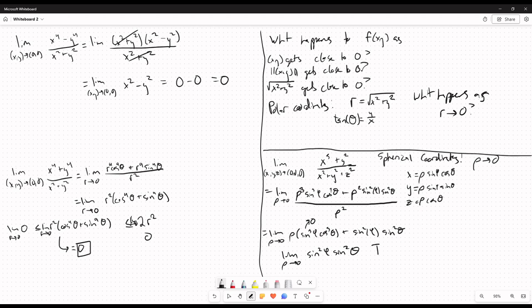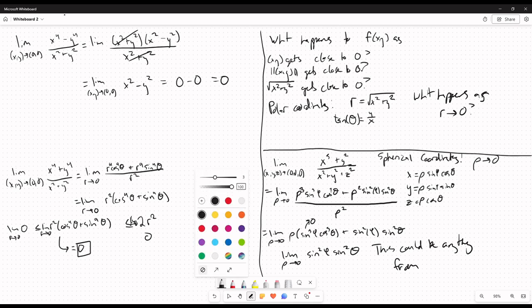This could be anything from 0 to 1, in square brackets interval notation, depending on the values of phi and theta.